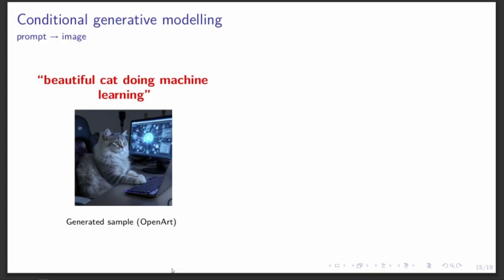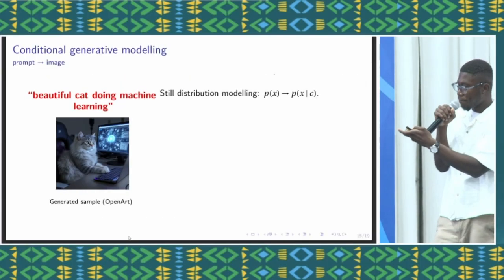Here it's a model that mixes a language model and an image generation model. The thing is that it is still distribution modeling. This time we don't try to model just the data distribution, but a conditional distribution. So we need the distribution of the data given the value of the prompt.